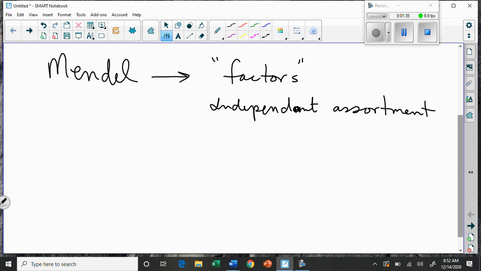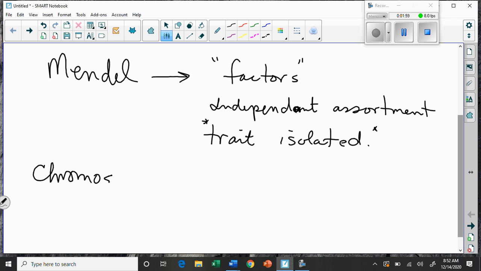He thought that each trait was isolated and could be passed from mother to daughter to son and so on. But this is not the case anymore, because of the new idea of the chromosome, once it was discovered as the mechanism for the movement of genes.